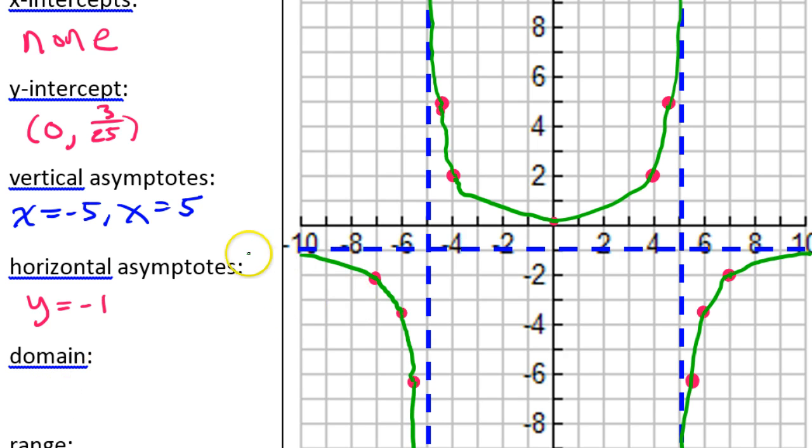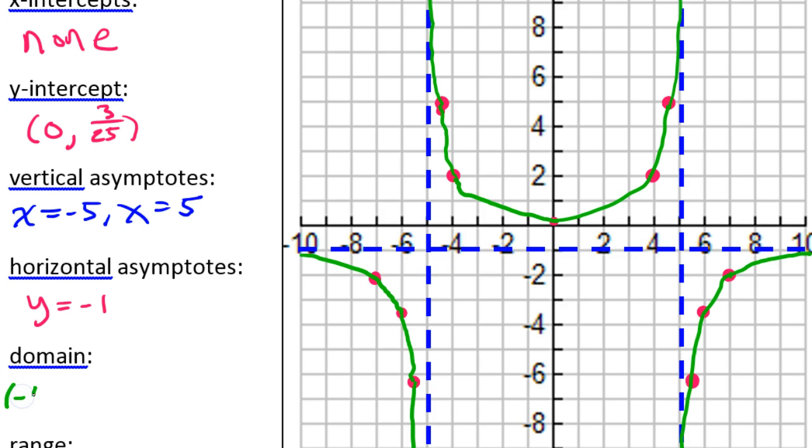So first of all, the domain, which goes from left to right. This graph goes left forever and it goes right forever, and I even have this part in the middle, but the vertical asymptotes are being skipped over. Alright, nothing is touching these vertical asymptotes, so they must be eliminated from the domain. So this part of the graph goes from negative infinity to negative 5, x value wise.